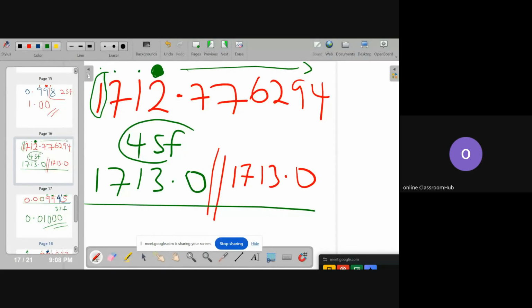But before you throw away, you consider the number right after the bus stop, which is 7. And because it is more than 5, you convert it as 1, then you add it to the bus stop. That's why you have 1, 7, 1. Now the 2 becomes 3. Then 0.0. Because it is decimal, you leave it 0.0. So these are 4 decimal places.